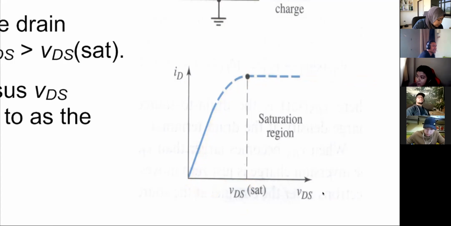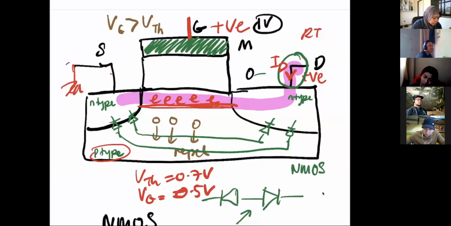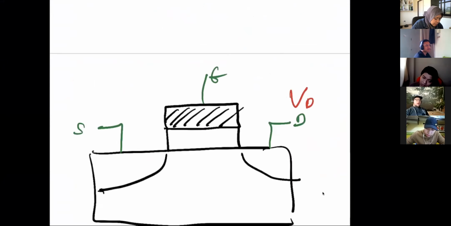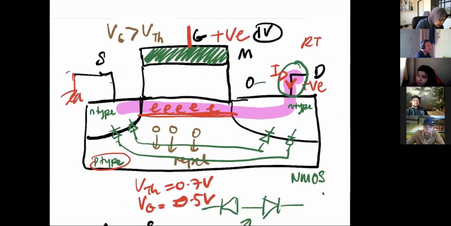So going back to our drawings now. Let's say I keep on increasing, for example, I put 2 volt. What happens?